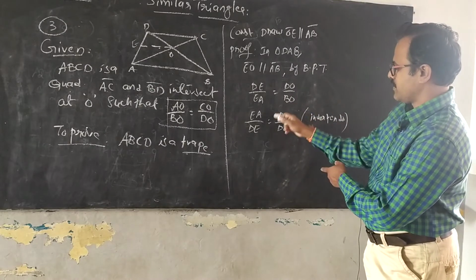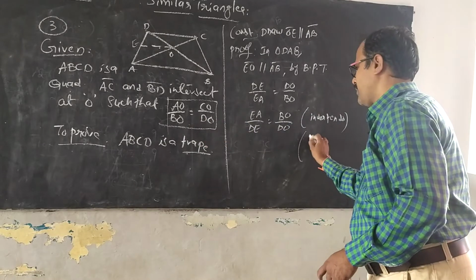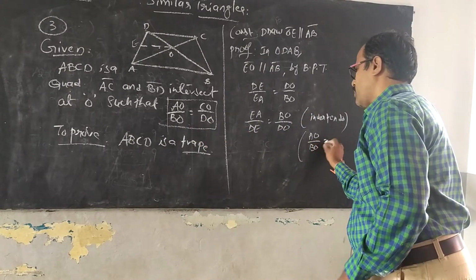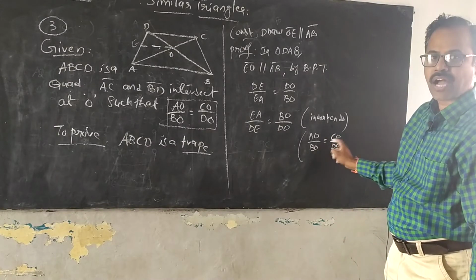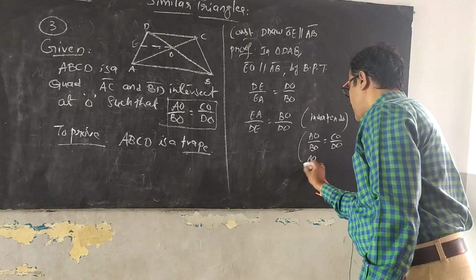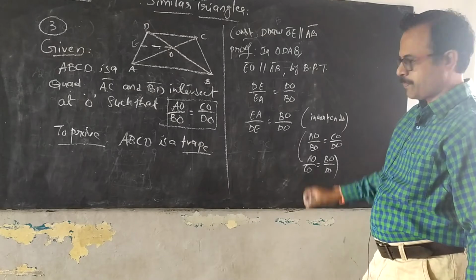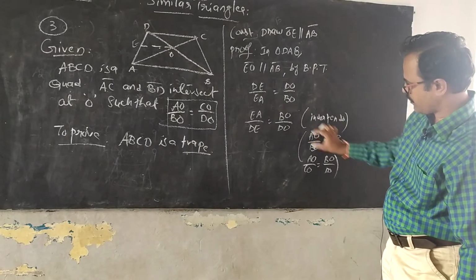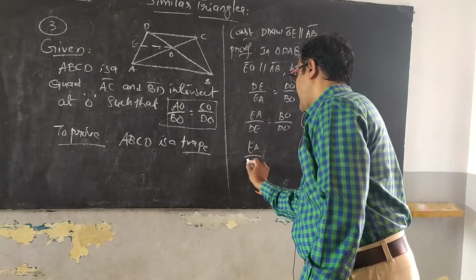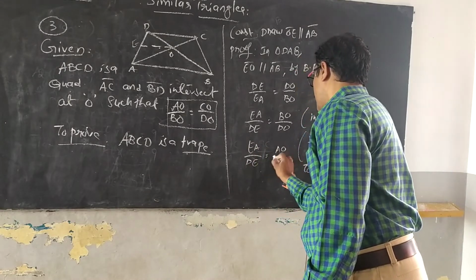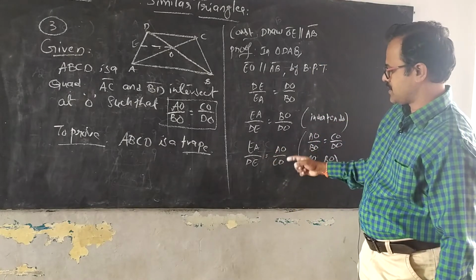Now observe carefully, this can be got from the given AO by BO is equal to CO by DO, by changing the cross, that is called alternando, you get AO by CO is equal to BO by DO. Now in the place of BO by DO, what can we place? We place AO by CO. So you get EA by DE is equal to AO by CO.